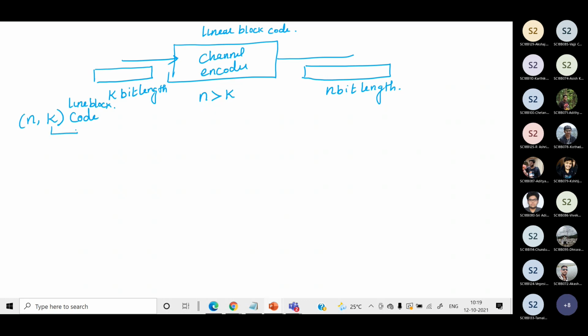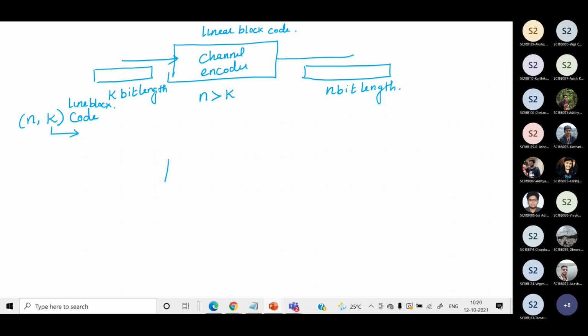It means it takes k bit length as the input and maps it to n bit length as the output. This is the way they represent channel encoders, (n, k). We will see how we are going to map.